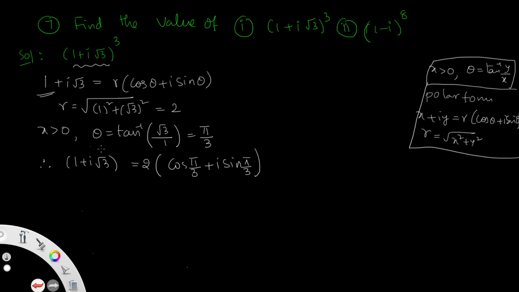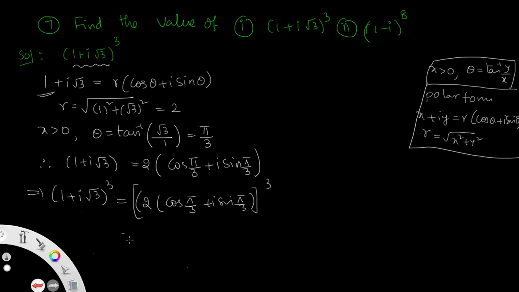But the power raised is 3. So now simplify using De Moivre's: (1 plus i root 3) whole to the power of 3 is 2 into (cos pi by 3 plus i sin pi by 3) whole to the power of 3. So that is nothing but 2 cube, and as per De Moivre's, the power goes to join with the argument, giving cos 3 pi by 3.